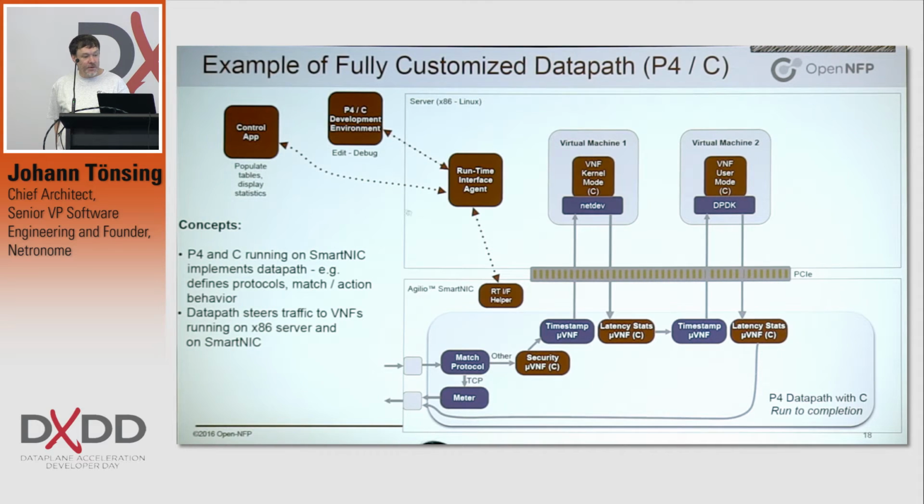And conceptually, the control app has a runtime interface going via the agent to get access to the tables and statistics, but your development environment also gives you a way to get access to the tables, to interact with it, which you'll see in all the remaining labs. Does this cover your question? There's basically no limitations to the programming flexibility by these architectures.